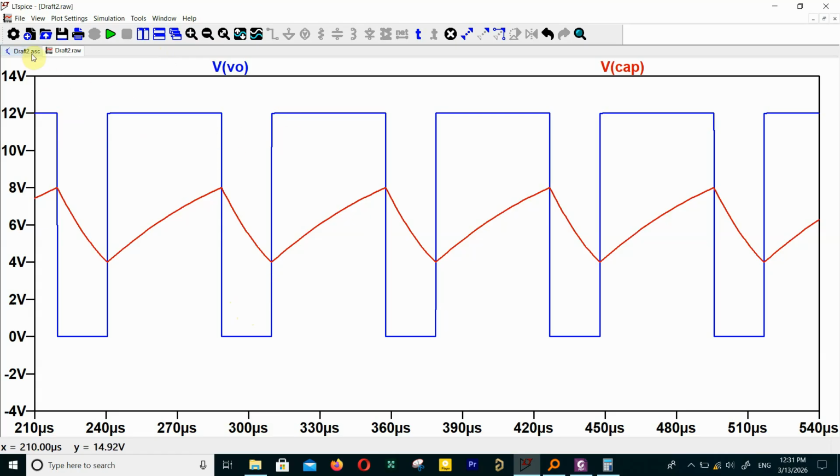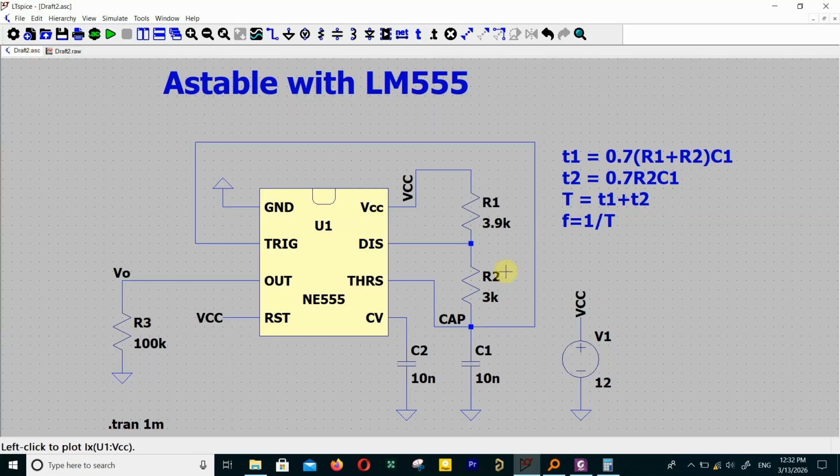And this is how you can provide an astable circuit using LM555. Of course, there are other ways as well, for example using bipolar transistors, resistors and capacitors, with which you can produce an astable pulse in the output. And there are some differences. For example, because you're using an IC like the LM555, it's somewhat sensitive to noise.